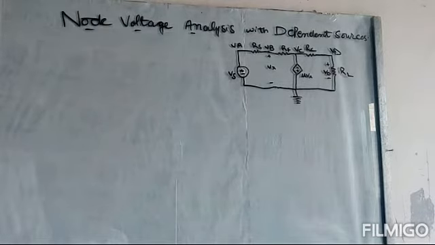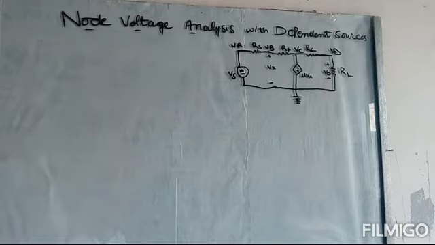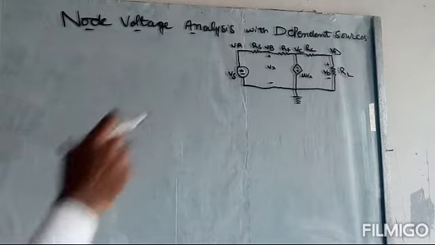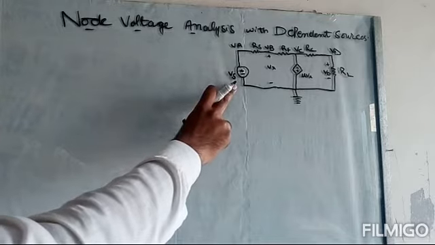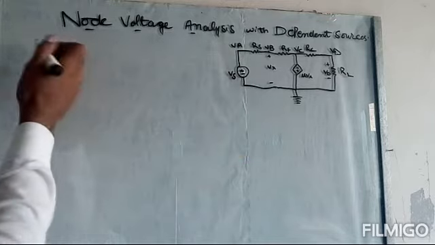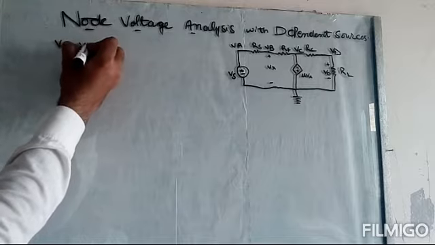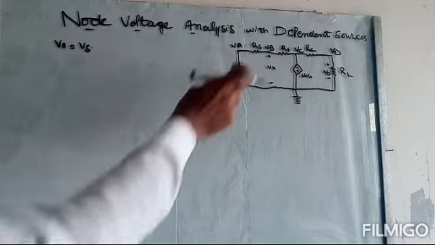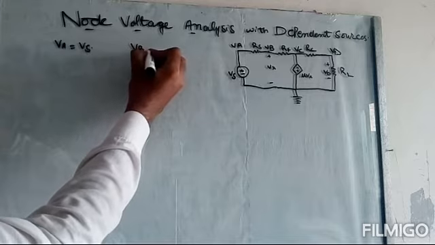First of all we will write a KCL equation for VA. But VA is connected with the voltage source that is connected with the reference, so we can directly write VA is equal to VS. Similarly, VB is equal to Vx.